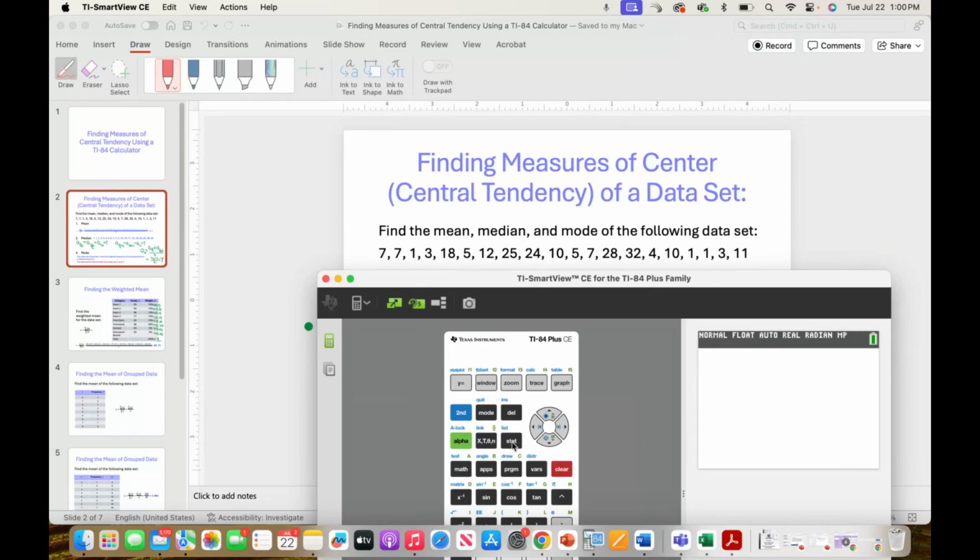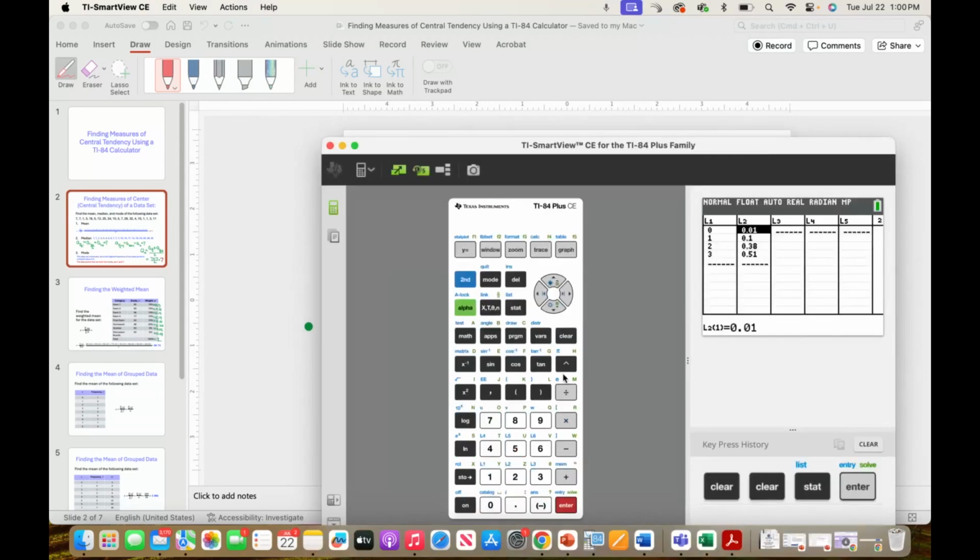So I go to Stat, and I'm going to go to Edit. And I'm only working with one data set here, so it's just L1. To just go up and clear it out.